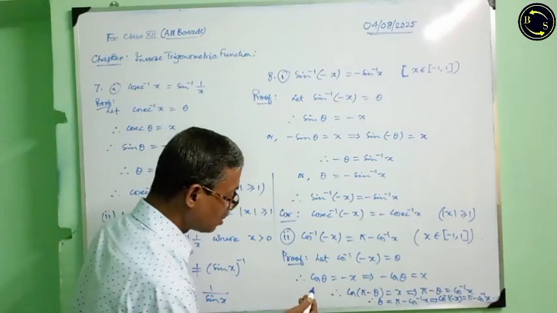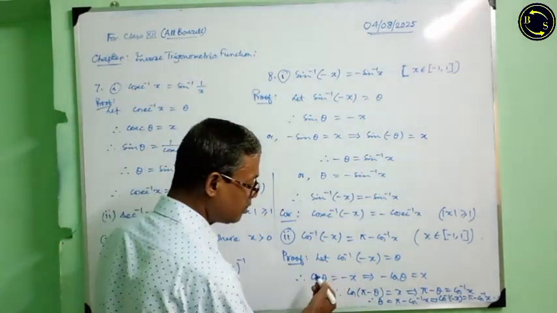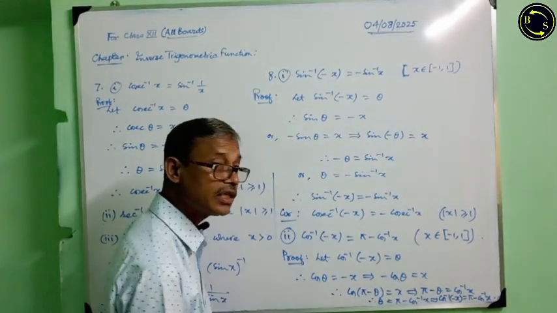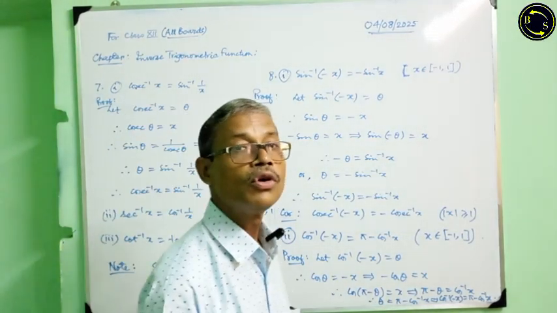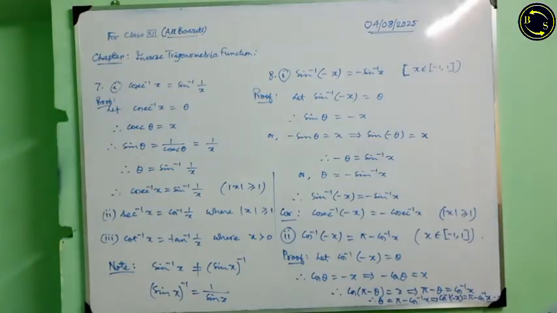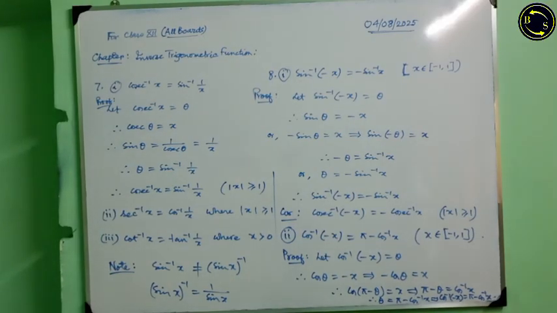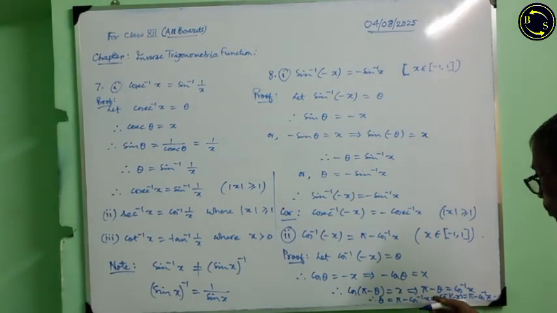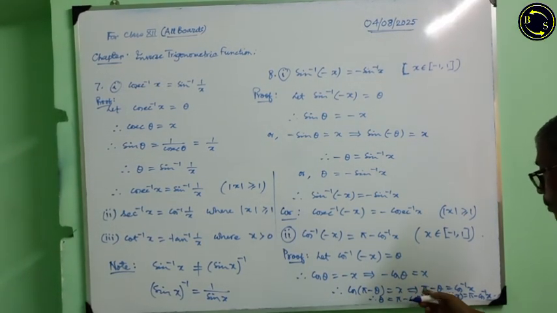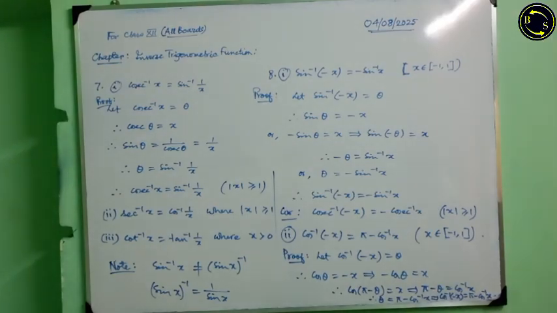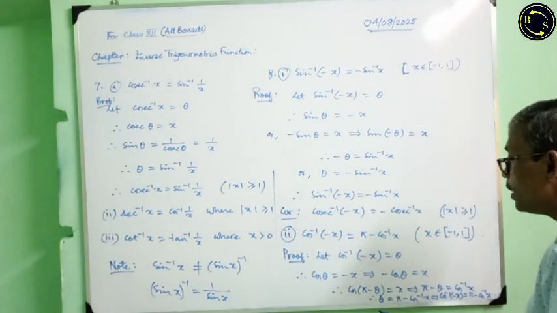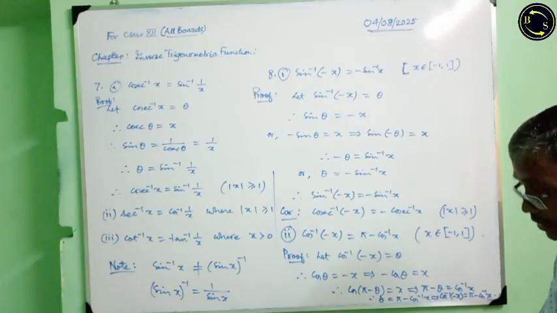See that cos theta equal to minus x, I can take that negative sign on the left, that is minus cos theta equal to x, and we know cosine function is negative if we consider the principal value case, then angle is in the second quadrant, that is cos of pi minus theta equal to x. From that we get pi minus theta equal to cos inverse x. Therefore, theta equal to pi minus cos inverse x, and finally cos inverse of minus x equal to pi minus cos inverse x.